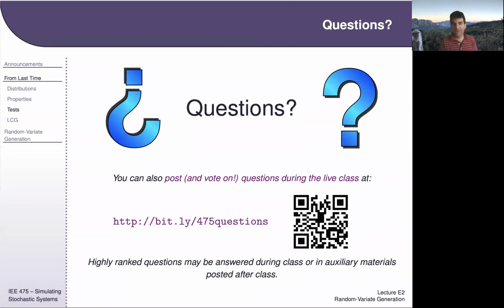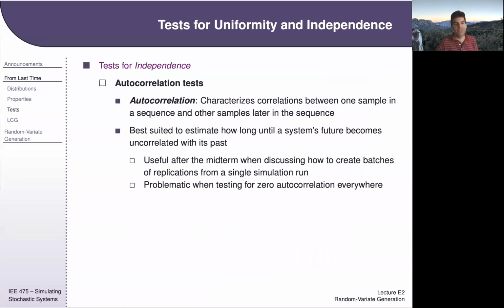All right, so the other test that we need to do is a test for independence. In the video, I mentioned that the classic way to test for independence is to use the so-called autocorrelation test.